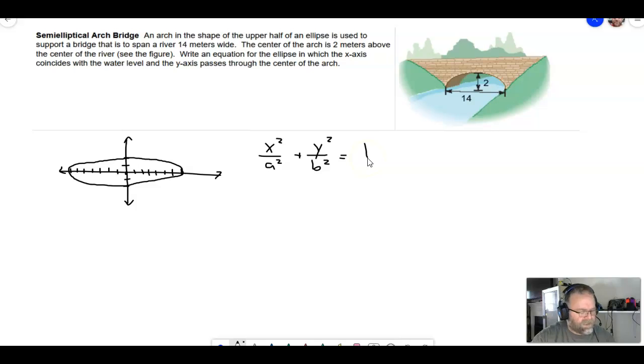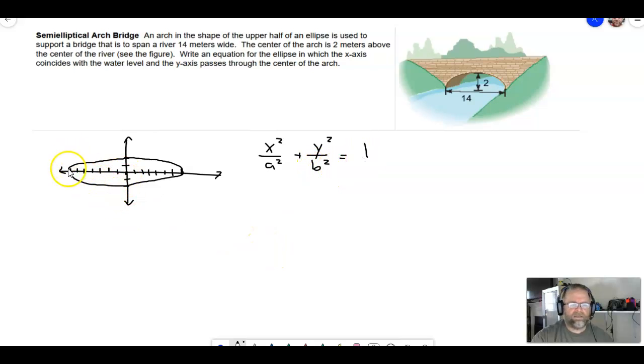Now, if this was the opposite, if the vertical distance was longer, then we'd simply just replace the a squared with the b squared. So it'd be x squared over b squared plus y squared over a squared. Just remember that for the ellipse, a is always related to the major axis, and b is always related to the minor axis.